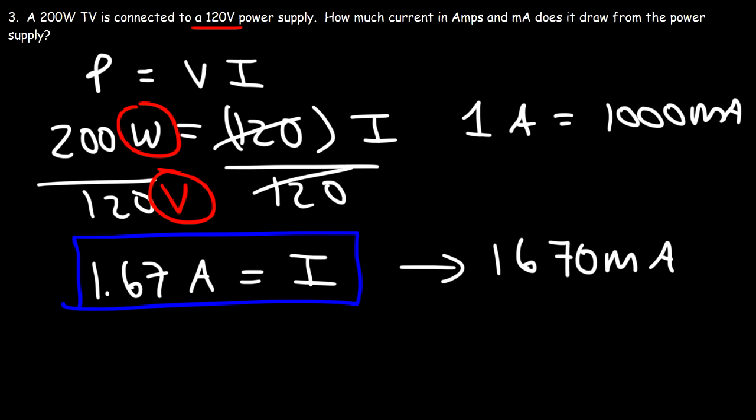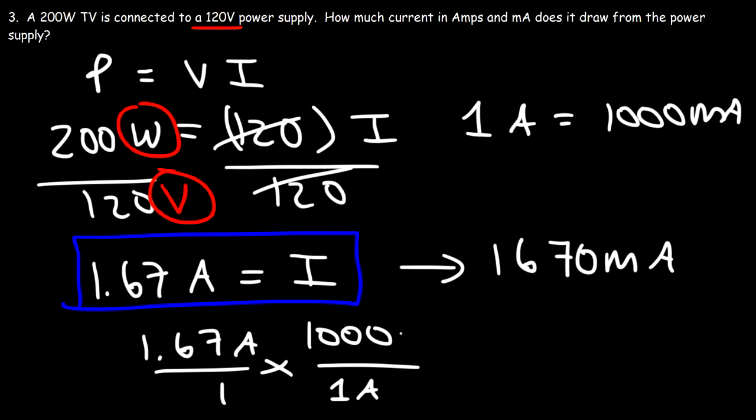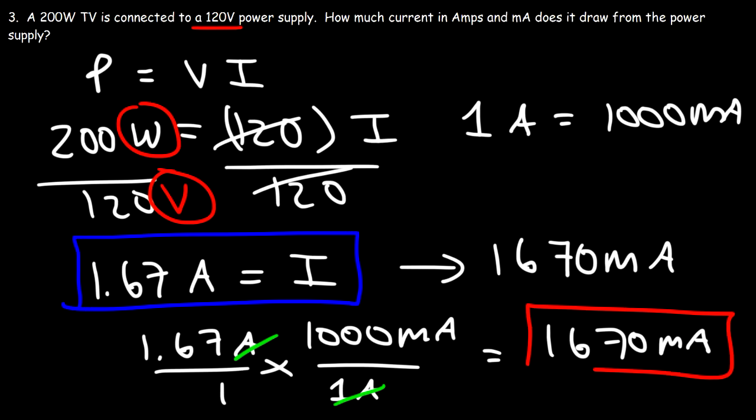To set up the conversion, you can write it this way. So 1 amp is equal to 1,000 milliamps. And you can see the unit amps will cancel. So it's 1.67 times 1,000, and that will give you 1,670 milliamps. And so that's how much current the power supply delivers to the TV.